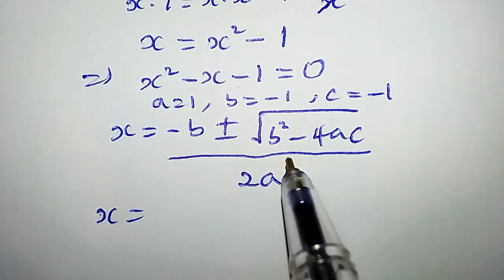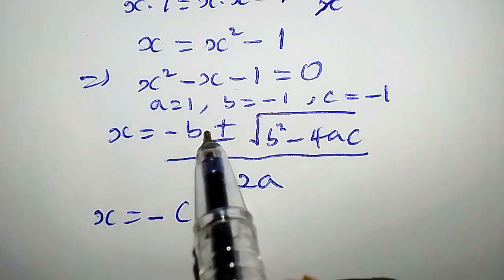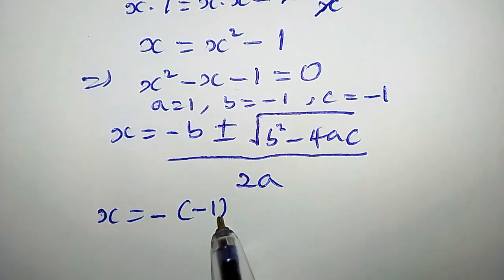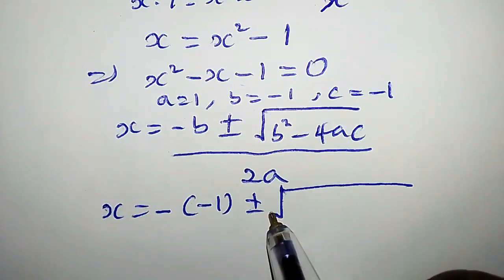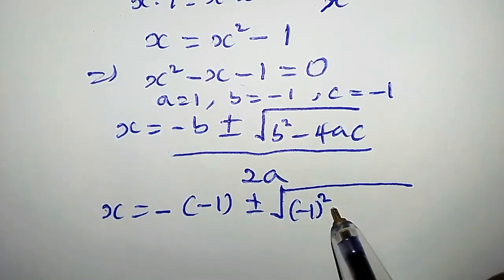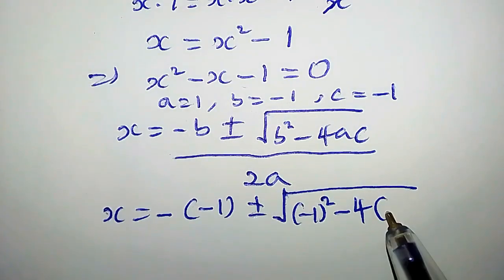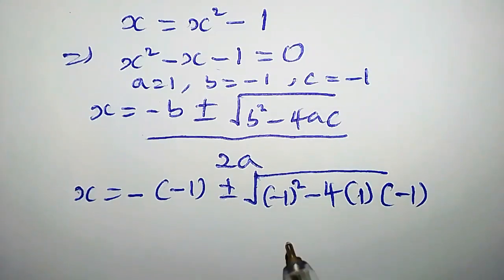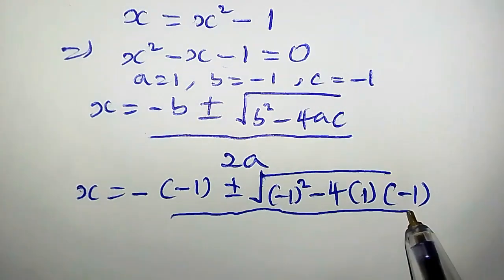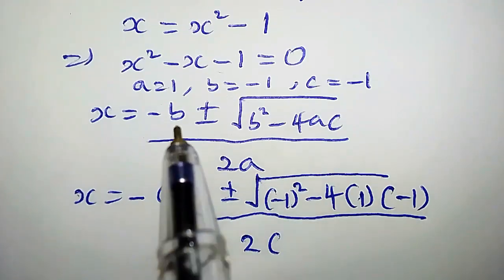Plugging these values here, we have minus into, the value of b is minus 1, plus or minus square root of minus 1 all squared minus 4 into, what is a? a is 1, into, what is c? c is negative 1. Everything divided by 2 into a, that is 1.